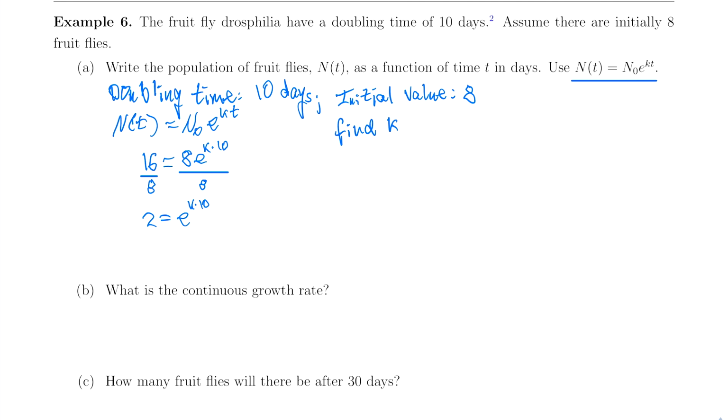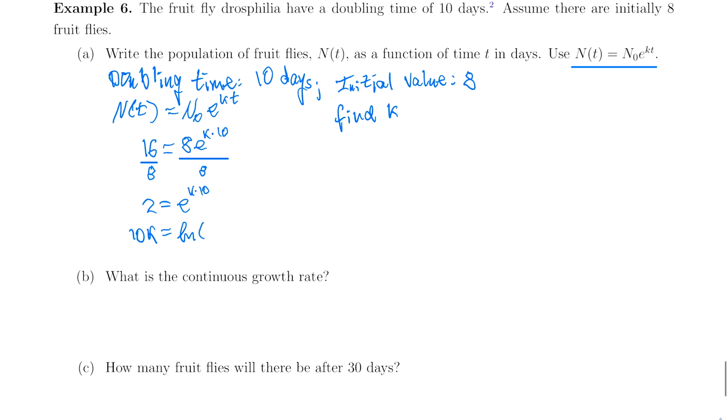So now we find our exponent. Now we find our exponent 10k by taking the ln, because we have a base e, therefore natural logarithm of 2. And at the end, we divide everything by 10.